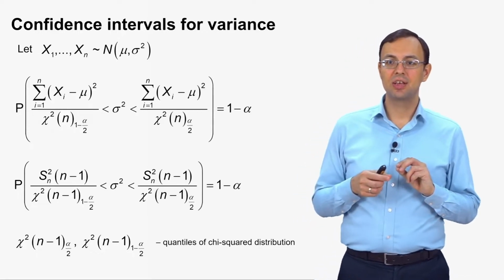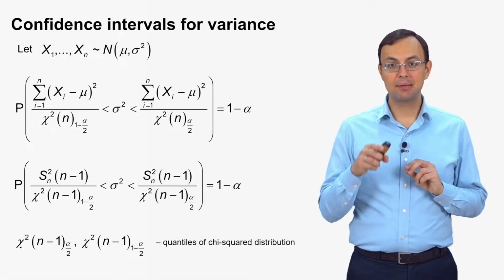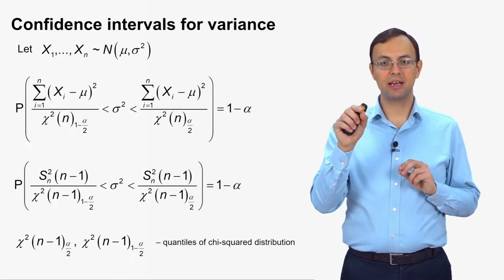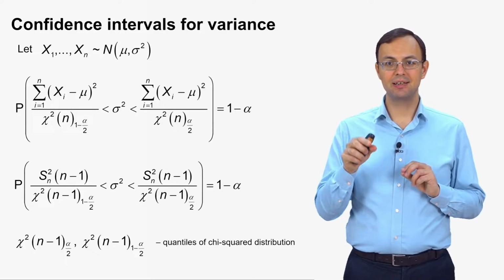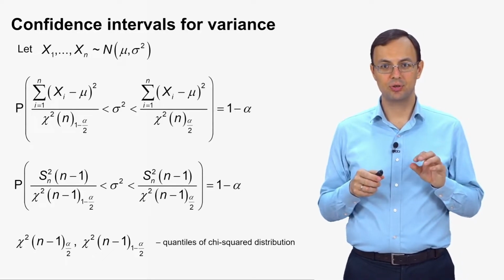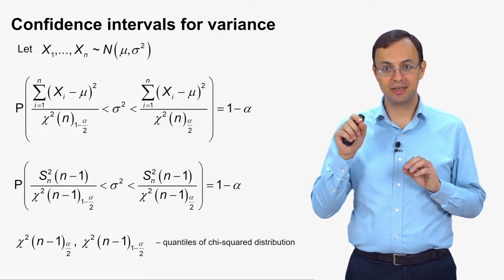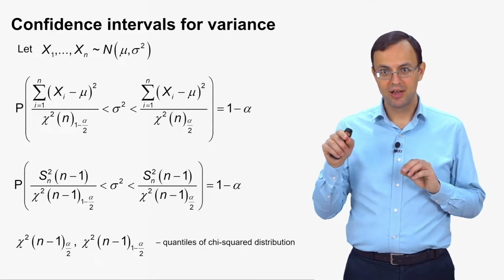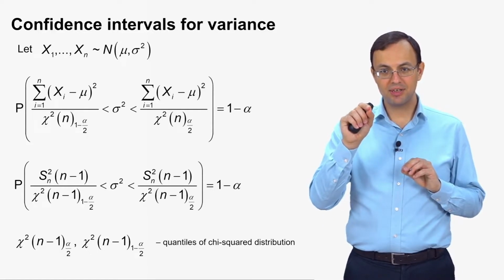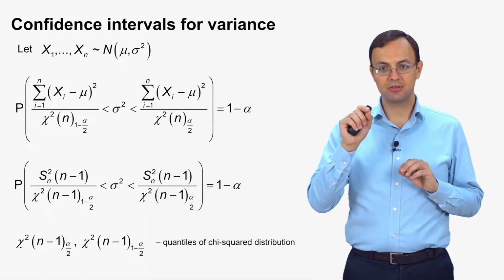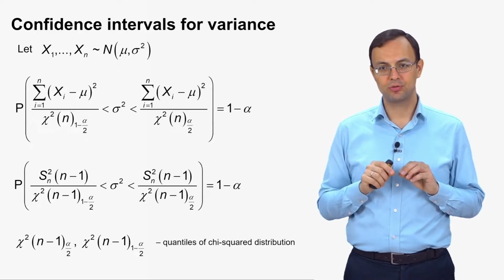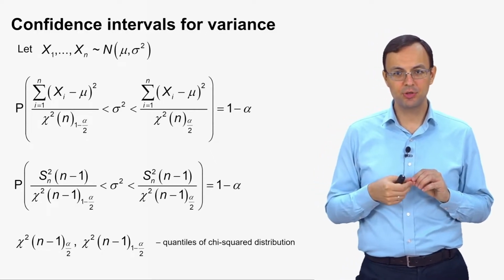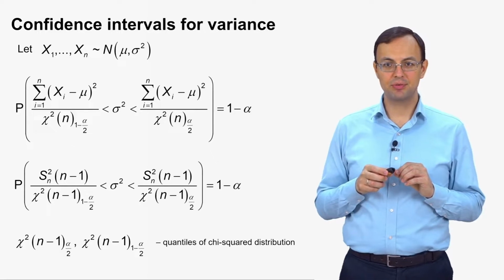Be careful: n minus 1 in the numerator of this fraction is a coefficient, so S squared is multiplied by n minus 1. And n minus 1 in the denominator is the parameter of the chi-square distribution, a chi-square distribution with n minus 1 degrees of freedom.